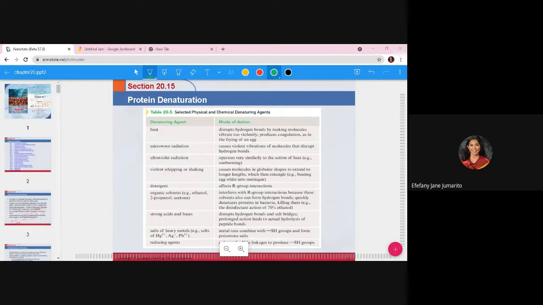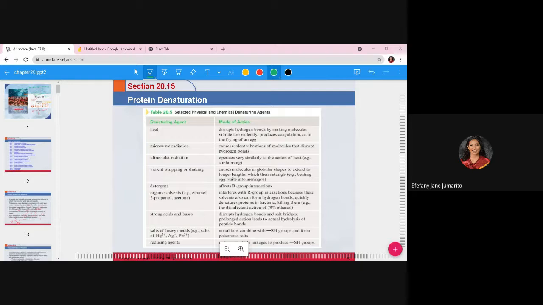For the structure, just take note: for the primary structure, it's just a sequence. For the secondary structure, it's the alpha helix and then the beta pleated sheet. The interactions there are hydrogen bonding. Then we have your tertiary, with 4 interactions, and your quaternary, with 3 interactions.